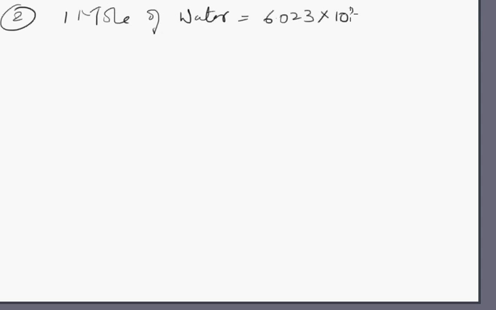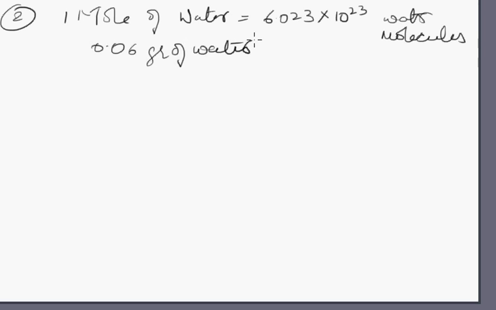In the second problem, we know that 1 mole of water is equal to 6.023 into 10 to the power 23 water molecules. So to calculate for 0.06 grams of water, what should we do? Yes, we should first calculate the molecular mass of water.